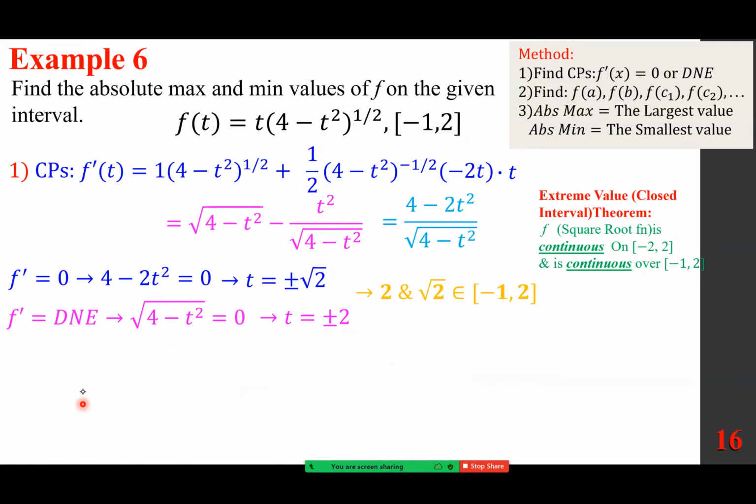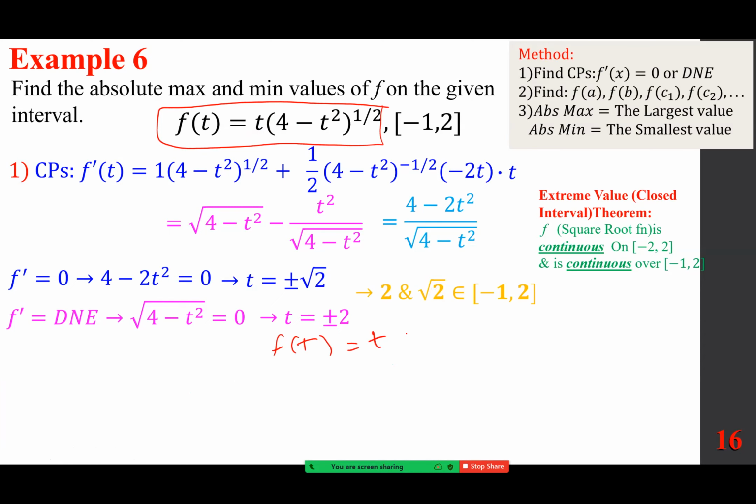And so we are going to evaluate the original function at -1, 2, and square root of 2. So just as an example, at -1, let me work it out first. I want to evaluate this, which is, let me just write it here.